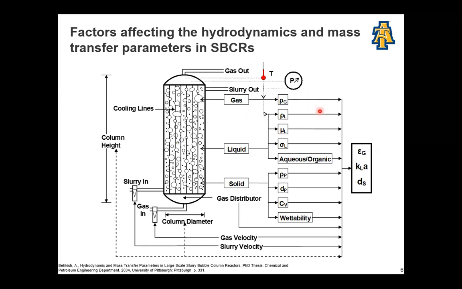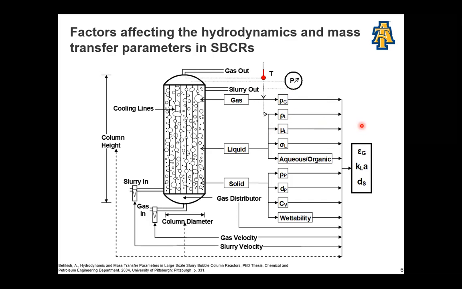So on the slide here, we have a schematic showing the factors affecting the hydrodynamics in a slurry bubble column reactor, which are the gas holdup and the liquid mass transfer coefficient.